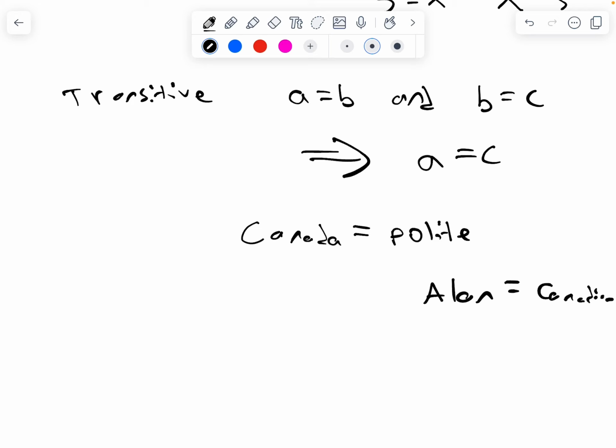We're using the transitive property. If A is equal to B, and if B is equal to C, then A is equal to C. So all those things are connected together. So that is the transitive property.